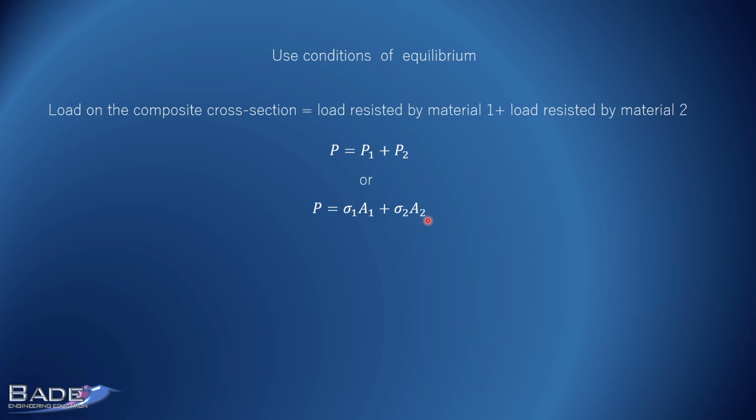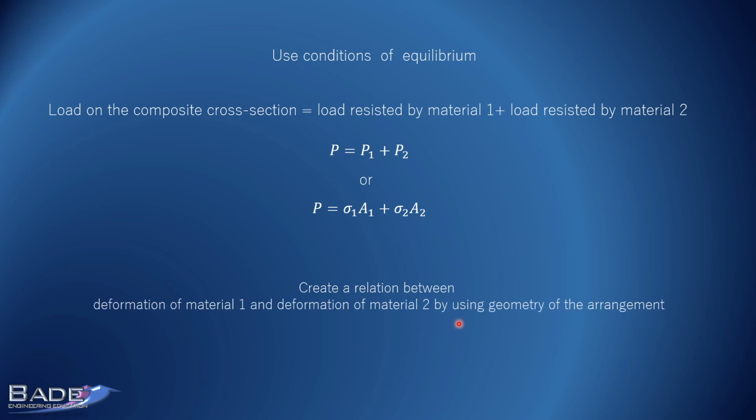Sigma 2 is stress and A2 is the corresponding cross sectional area. So if required, this statement which we have created by conditions of equilibrium, the same statement you can write in terms of stresses in the two materials. And then we create a relation between deformations, deformation of material 1 and deformation of material 2, by using the geometry of the arrangement.